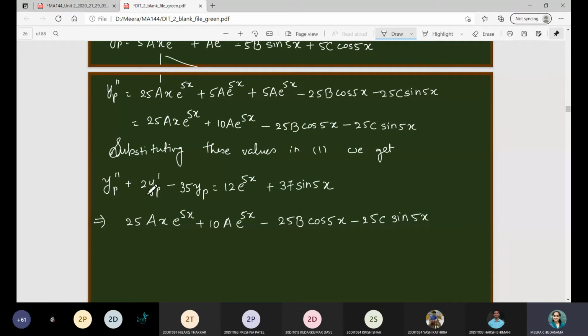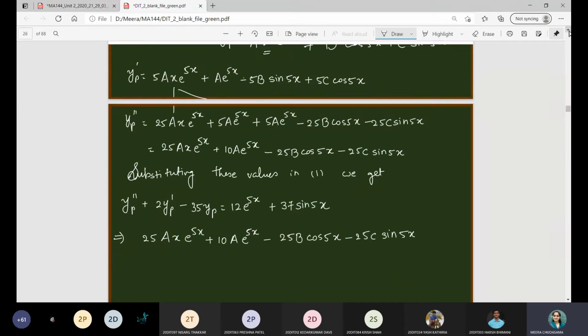Means here when I write 2 yp dash, yp dash is involved over here, and you can see that yp dash involves the terms with x and exponential function, only exponential function, sine function and cosine function.